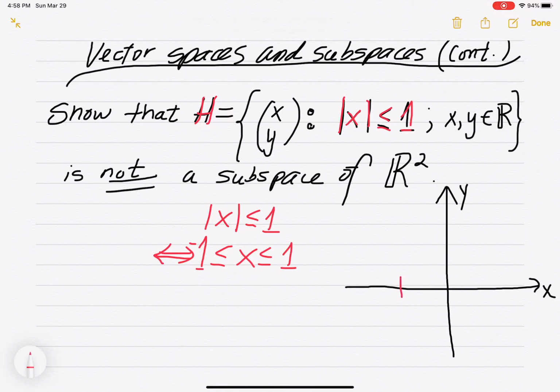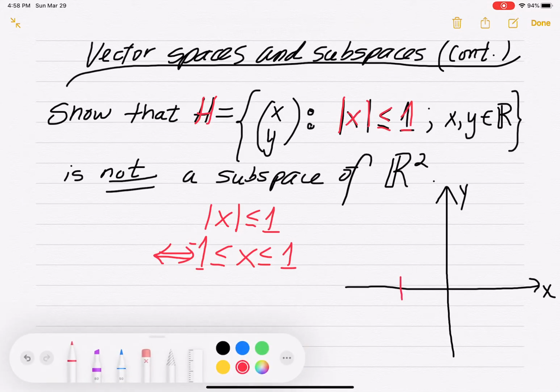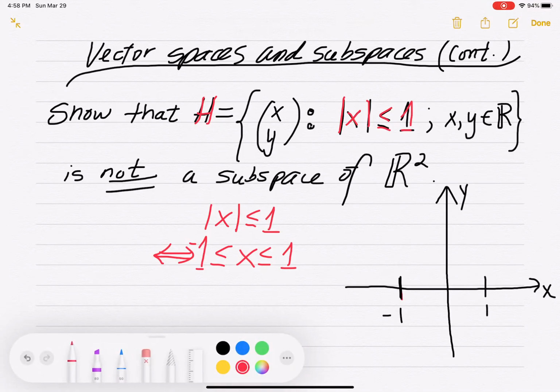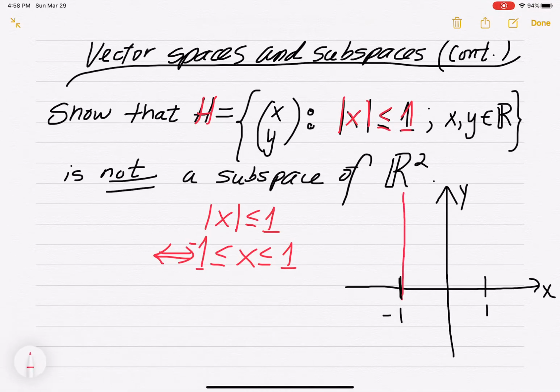So here I find negative 1 on my x-axis and positive 1 on my x-axis, and we're restricted between here. And notice I'm putting solid lines, because x is allowed to be equal to those. Now y has no restriction, so y can go up and down.